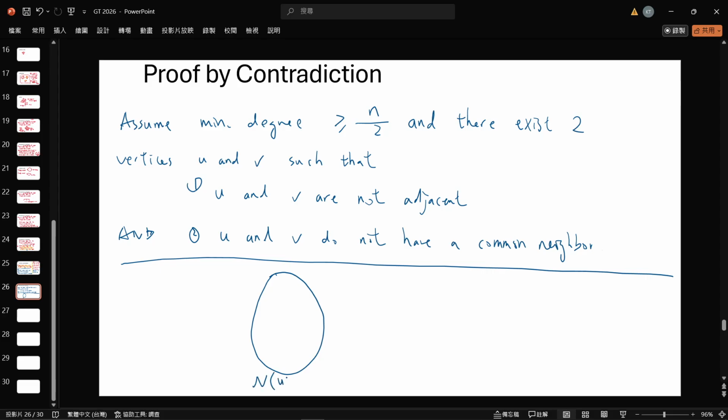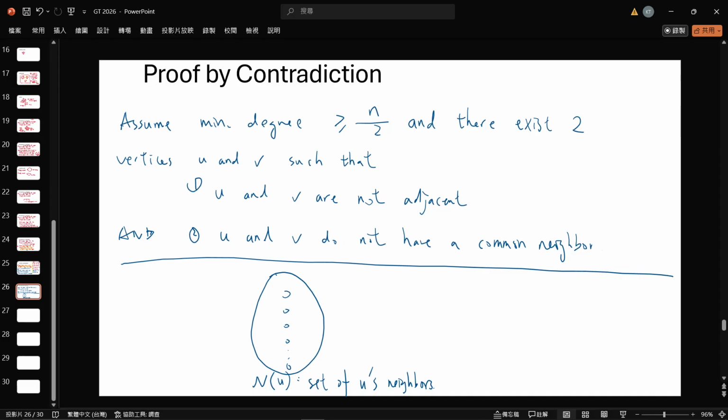I'll call this capital N of U, or just NU. So this is the set of neighbors of U, or set of U's neighbors. Okay, we have some vertices here. Those are U's neighbors. Next, I'm going to draw the set of neighbors of V.